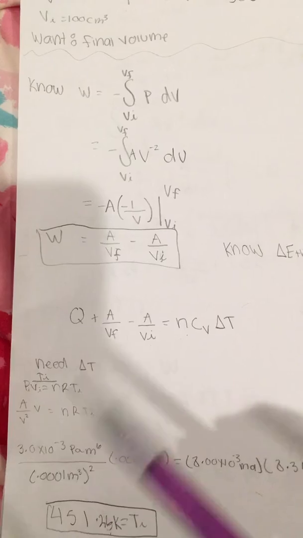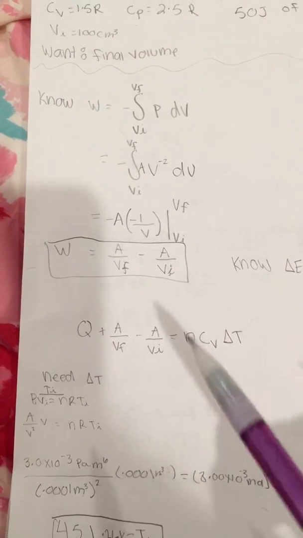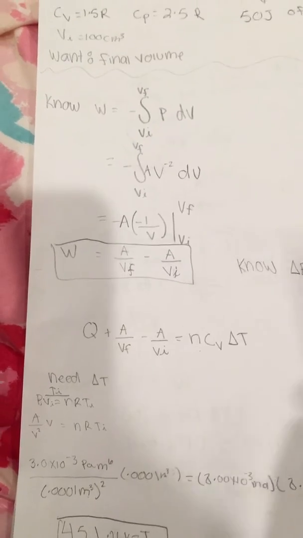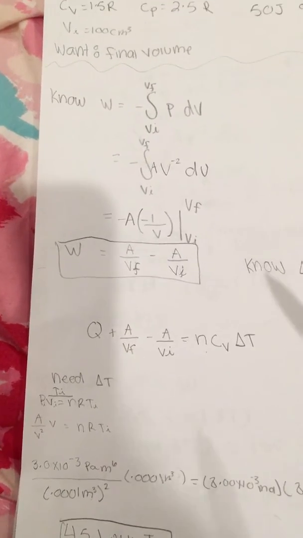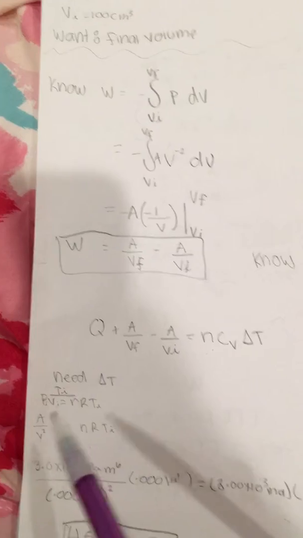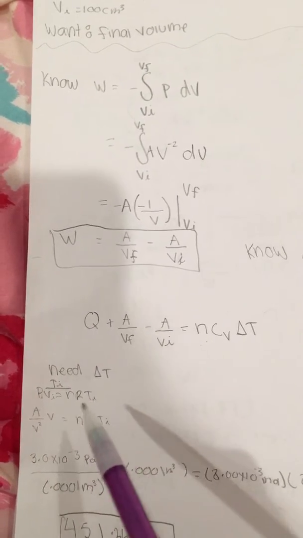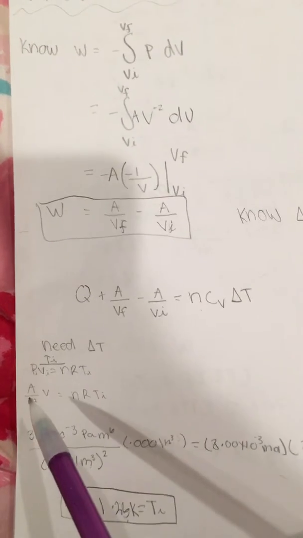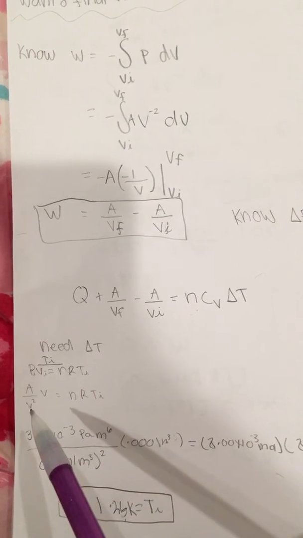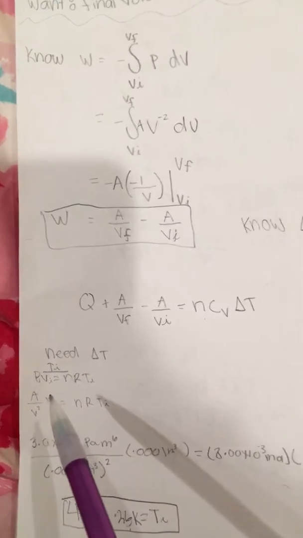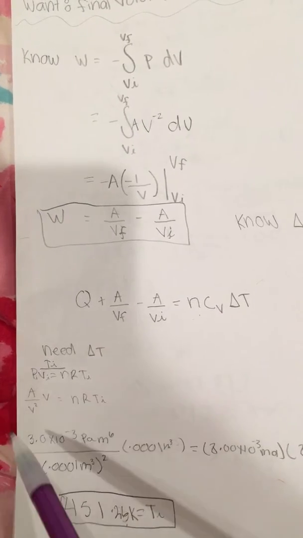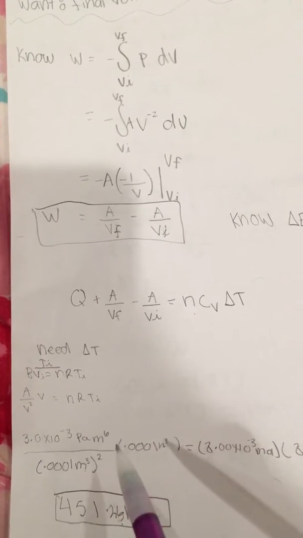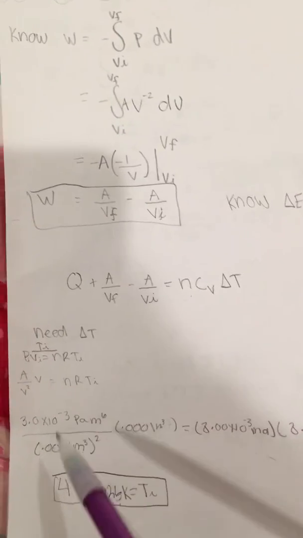We can do this using PV equals nRT with the initial volume and with the final volume, and then we can solve for the temperature respectively. So we do PV equals nRT, but making sure to substitute A over V squared for P. So we use the 100 centimeters cubed, but we're told that the pressure is related with volume measured in meters and not centimeters, so we want to switch to meters cubed.